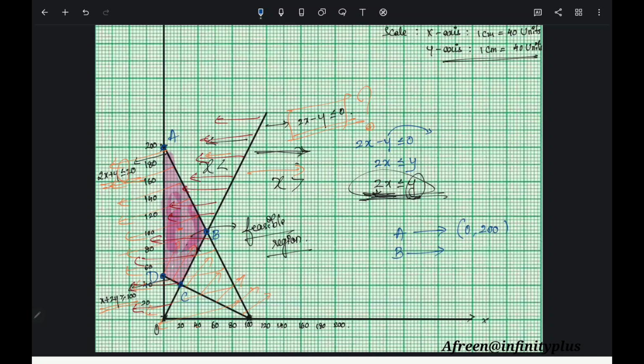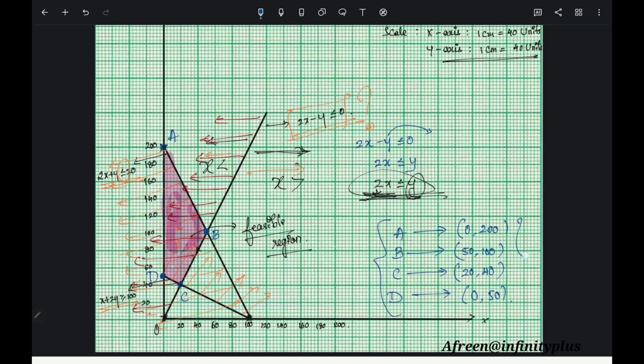We can observe it from the graph itself. Since the B point is in between 40 and 60, on the x-axis we will take it as 50 and on the y-axis we will have 100. So B point is 50, 100, and the C point you can observe easily, it is 20, 40, and the last one, D point, we will be having it as 0, 50.